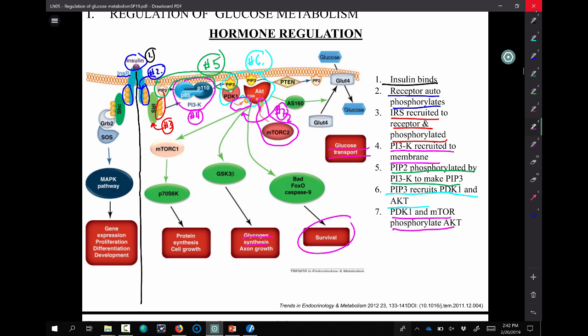So we're going to look at some of those downstream effects that AKT will cause. And I'm sure that this is going to intersect or has already intersected with some of your other classes. These pathways, I mean, this is a pretty well-established pathway. And you certainly talk about it. If you're taking 465, if you haven't talked about this yet, you will. And some of the other stuff up here. Questions?